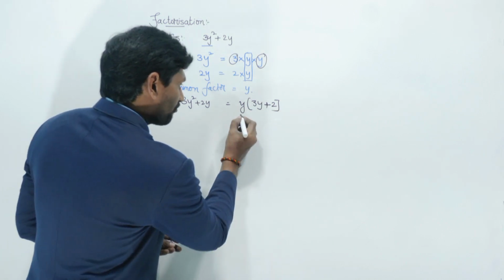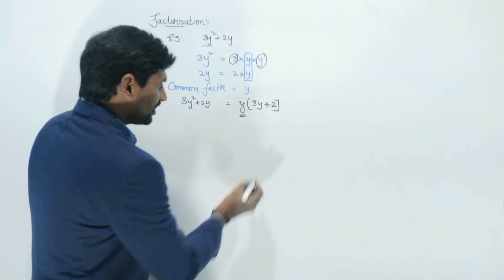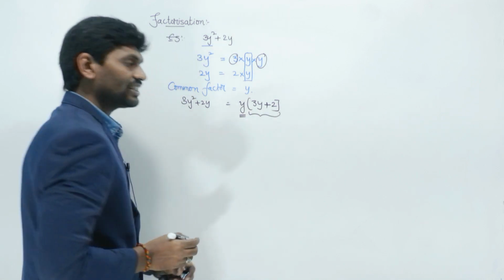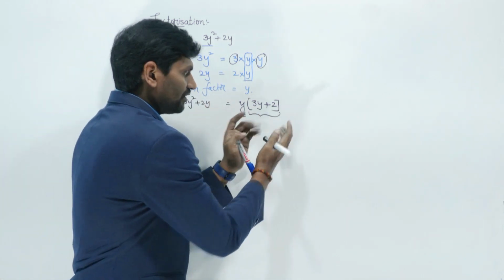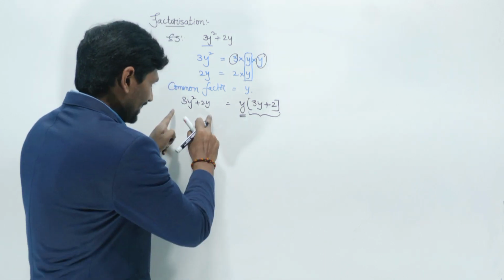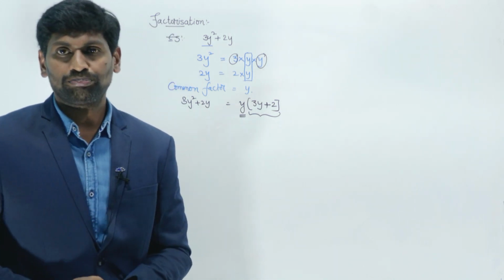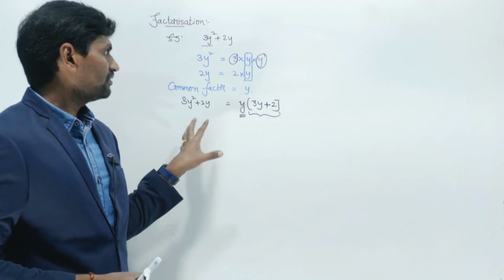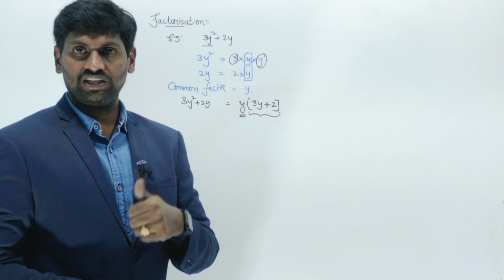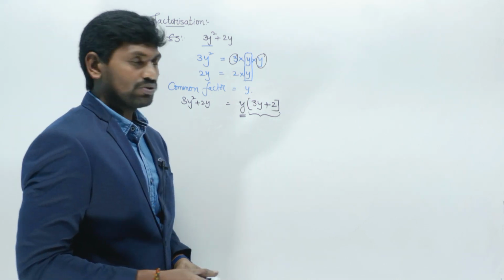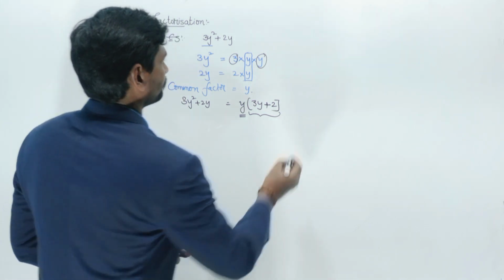That means y is one of the factors and 3y plus 2 is the second factor. So the given expression is written as a product of its factors. That means this expression is factorized. So first of all we need to identify the common factors between them. Clear? Let us go to the practice sheet.